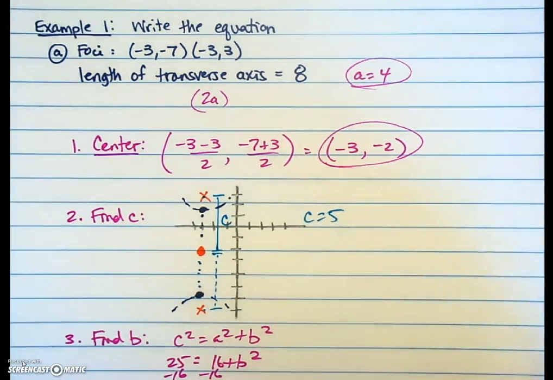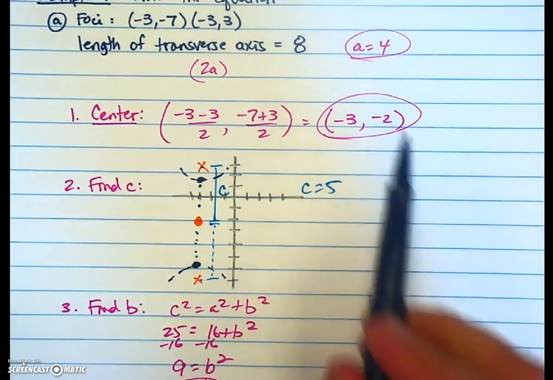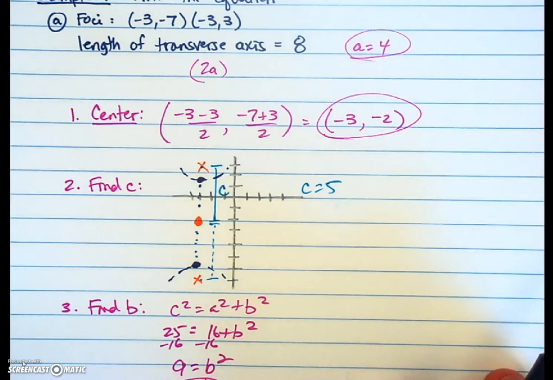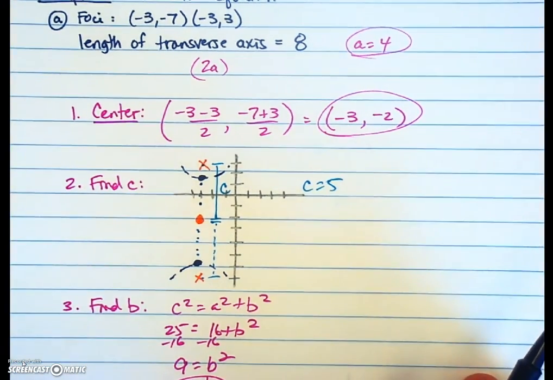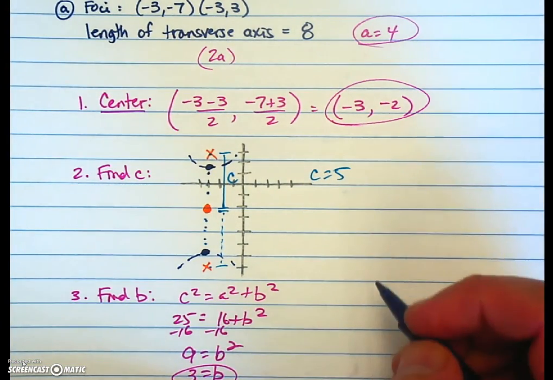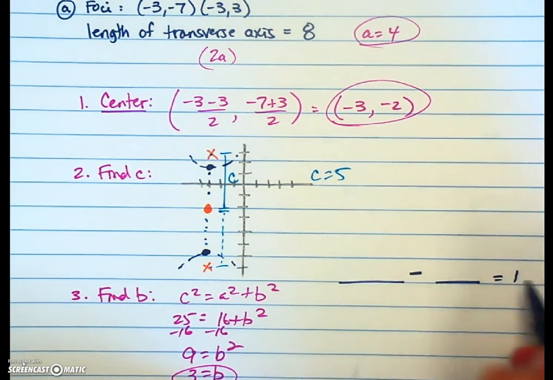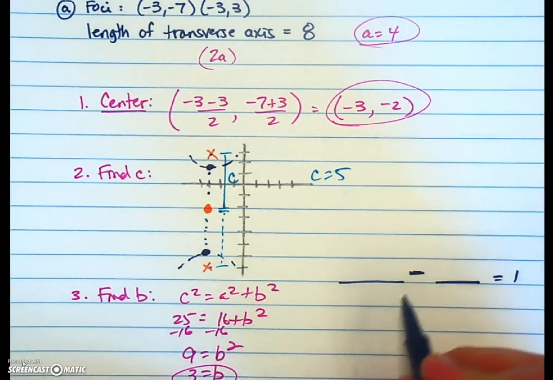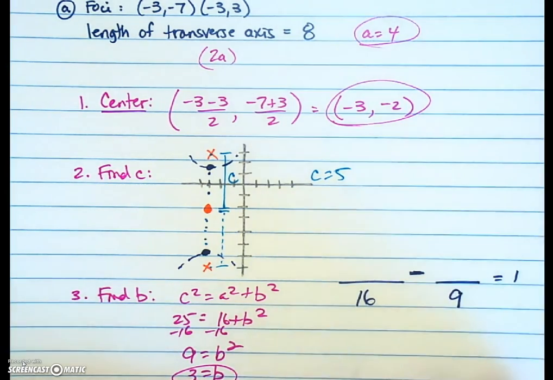All right, so I do have a vertical, which means that this A value, or A squared, has to go underneath the Y expression. So remember, for hyperbolas, A squared always comes first. So what we're going to do here, we know that when we're doing a hyperbola, we got to have a minus, and we know that A squared comes first and that B squared comes second.